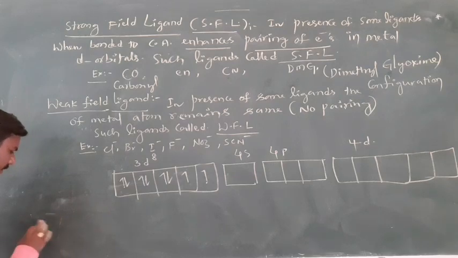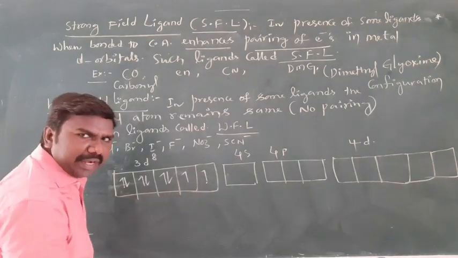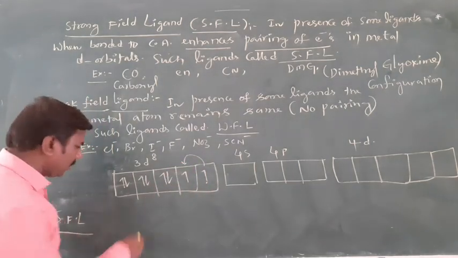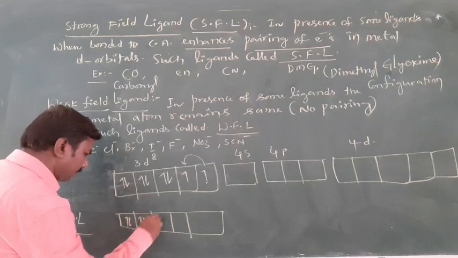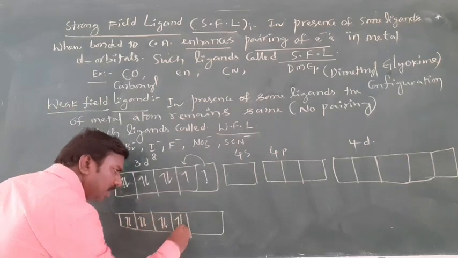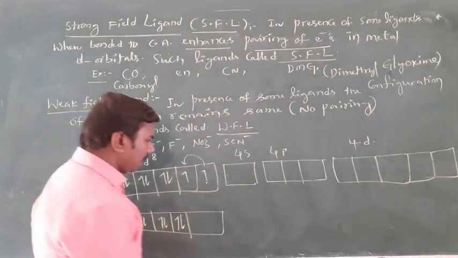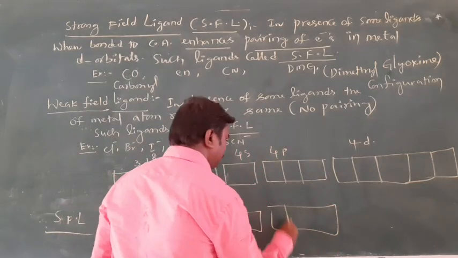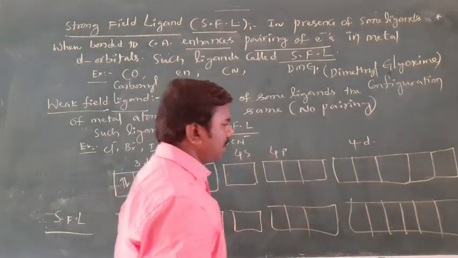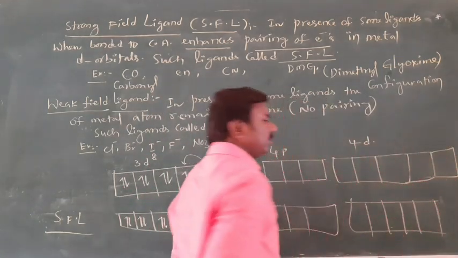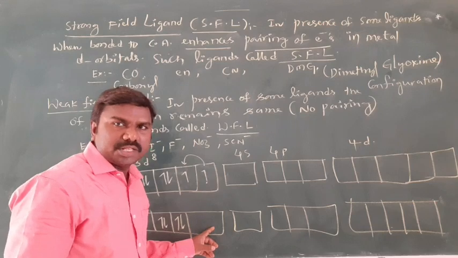These electrons will be paired. This will enter here. If it enters, then what happens? Here 1 is converted into 2, and this will be empty. Clear? Then these are the orbitals. Here 5 only in total. Okay. Check it. This is the orbital available for hybridization.